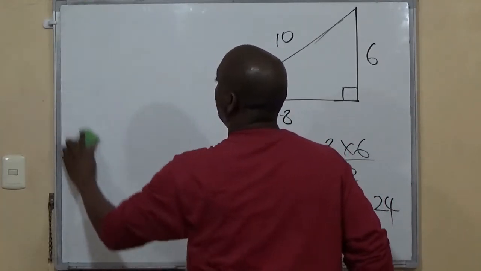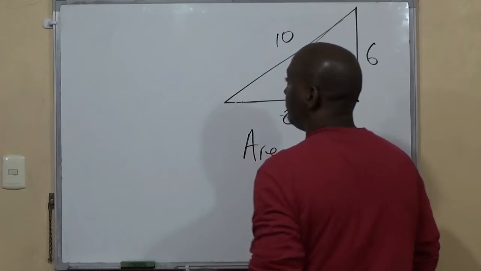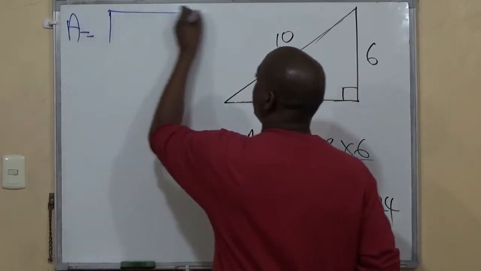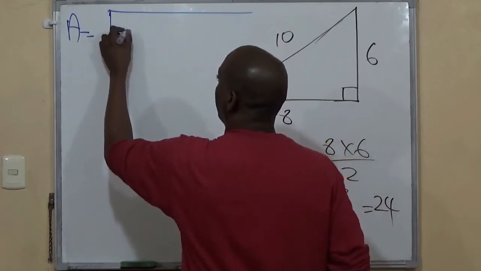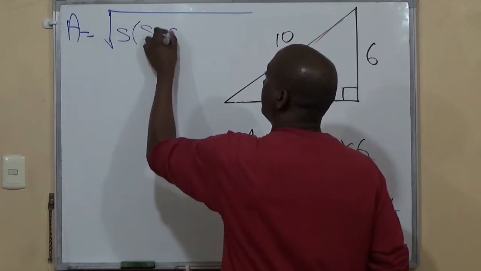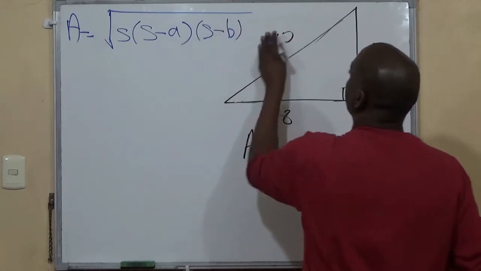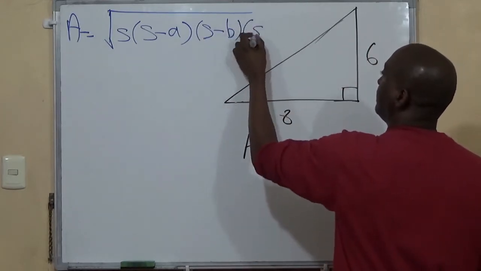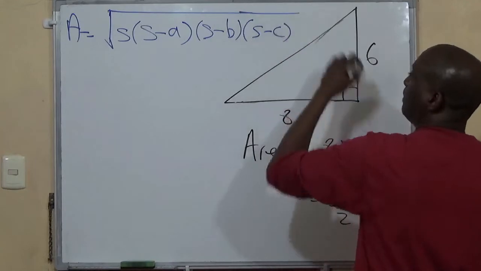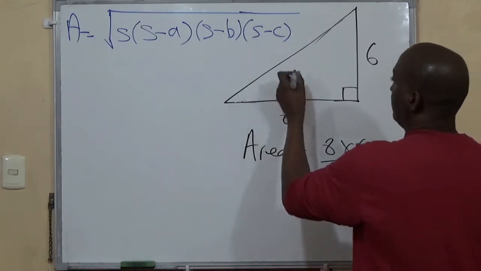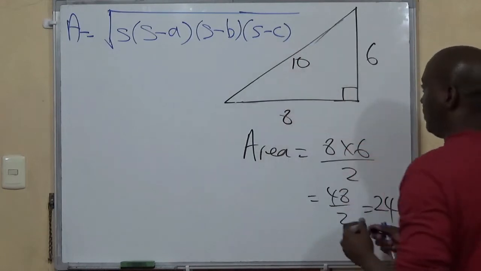So we know that by Heron's formula, the area is equal to the square root of S into S minus A into S minus B. Leave some space here into S minus C. Let me put back the 10 here. That's the hypotenuse.